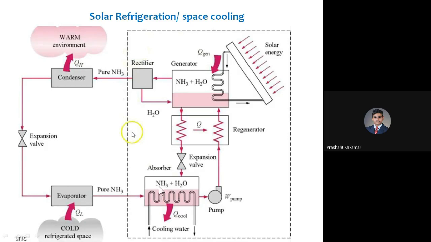Water, or the absorbing liquid, will be moving from the absorbing chamber to the pump, regenerator, then generator, and again it will come back to the absorber through rectifier, regenerator, and the expansion valve. So this expansion valve will help us to reduce the extra heat present in the water. It should be in a liquid state to absorb the ammonia or the refrigerant. So that is the cycle here for the water.